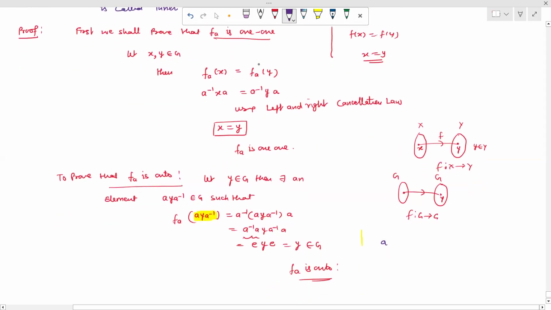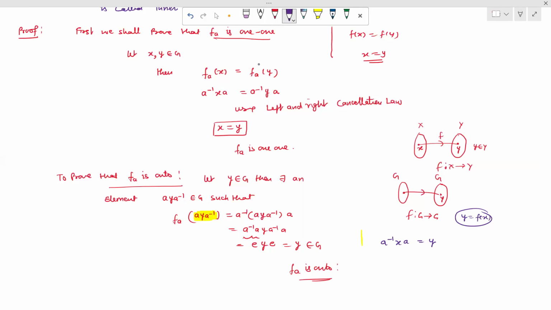So f(x) equal to y, you know. So when y is equal to function of x, so we can write down a function of x. So we have a inverse into xa. A inverse xa is equal to y. So this equal to fa. So fa means y. So this equal to fa of x, which is y.